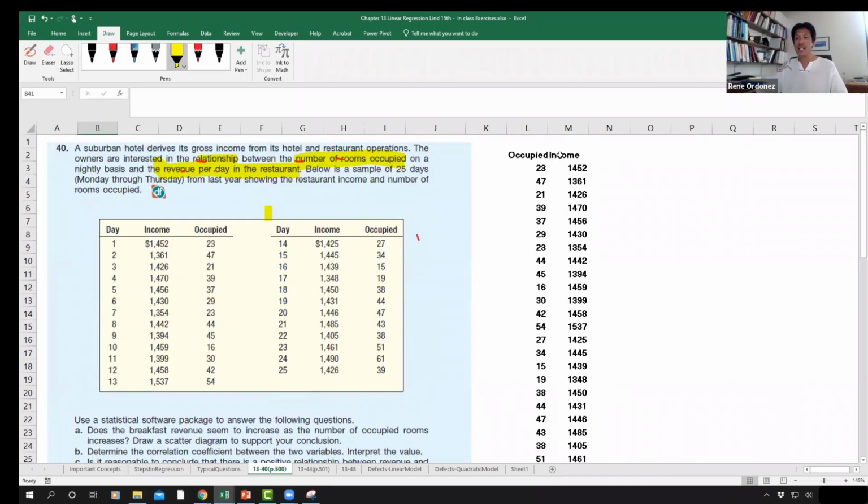When you generate a scatter plot, you would want the independent or the predictor variable in the first column, and then the response variable in the next column.